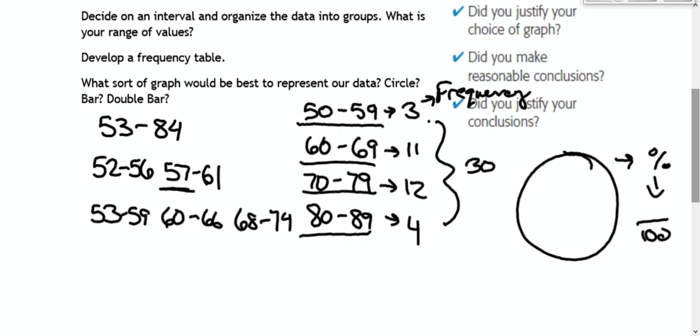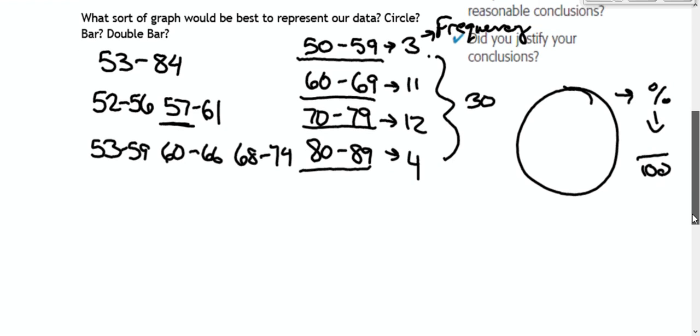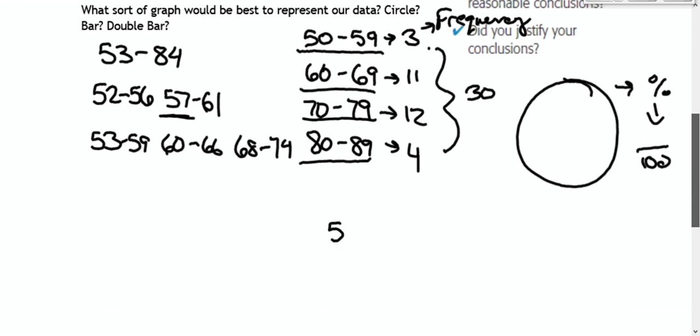Now, I could turn that into out of 100, so 50 to 59 would be 3 out of 30, which in terms of percent, remember you take the numerator divided by the denominator and then multiply by 100.